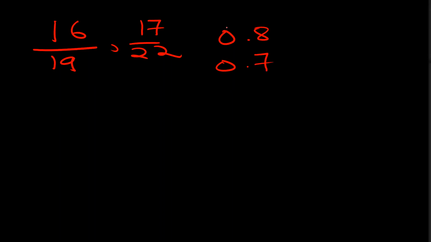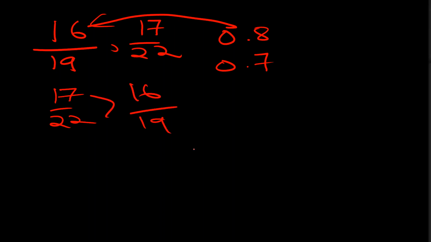So now we got this: 16 by 19 is the greater number, right? So we'll write that 17 by 22 is smaller than 16 by 19. Sorry, I wrote it wrong, so I'll write it this way. Okay, fine, this is how we'll write it, right?